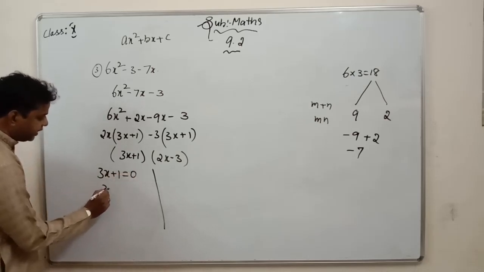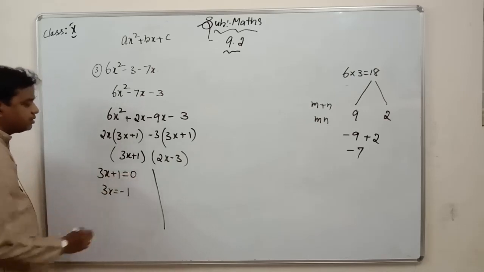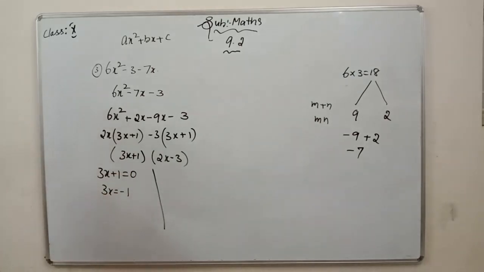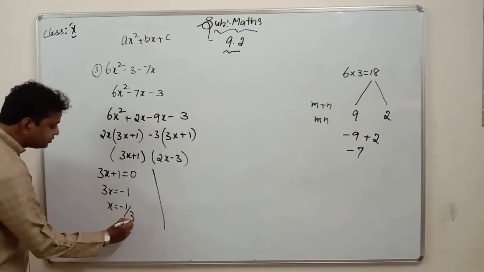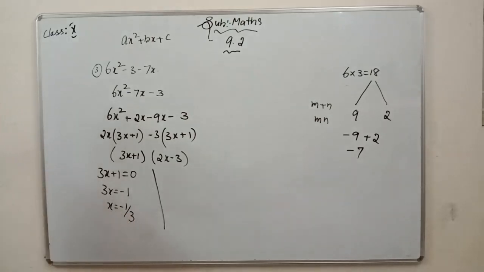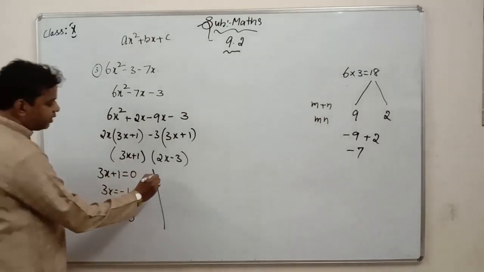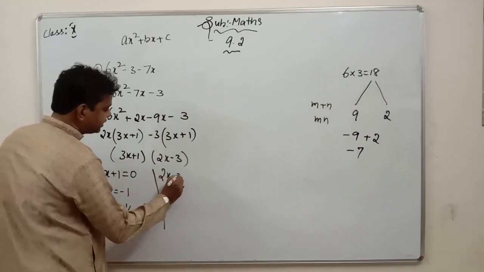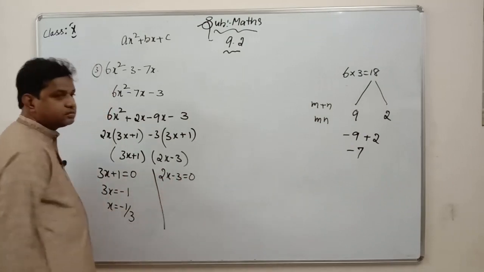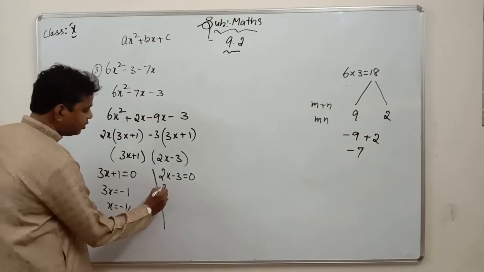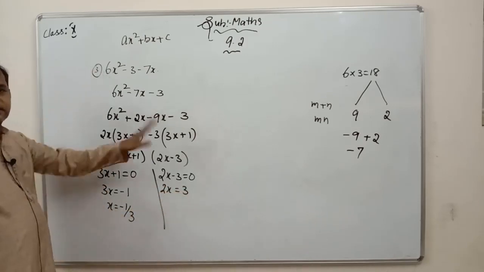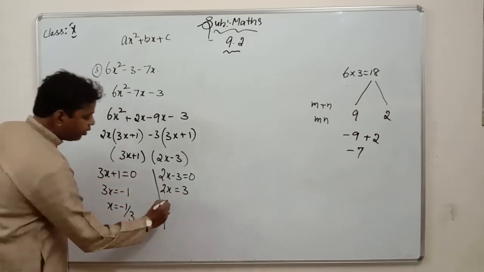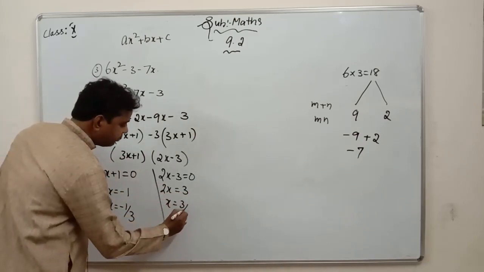I am taking 3x equals to minus 1. Plus 1, if you take that side, it becomes minus 1, and x equals to minus 1 by 3 because 3 comes here. Now go for this one. You have 2x minus 3 equals to 0. So 2x equals to 3. If I take minus 3 that side, it becomes plus 3. Now x equals to 3 by 2.